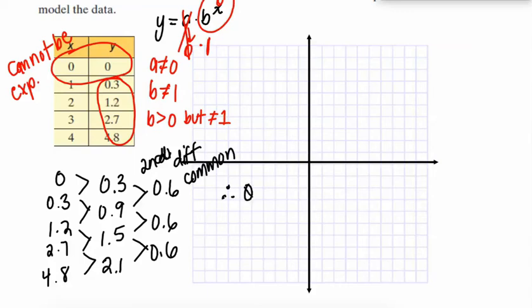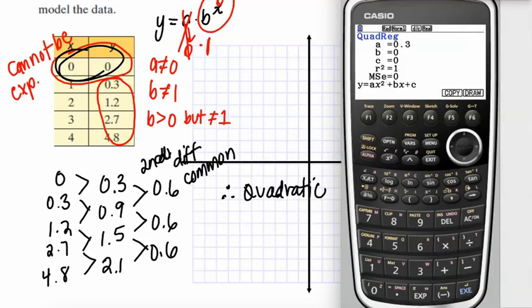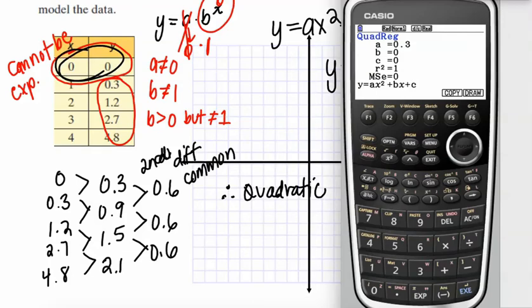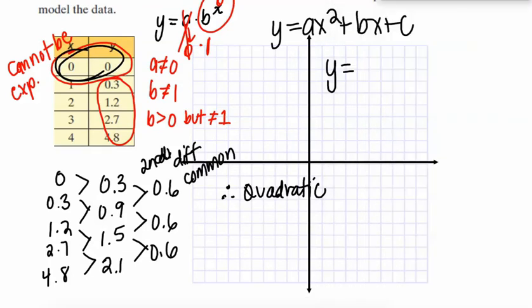Therefore, it is indeed quadratic. So looking at the graph, knowing that about the 0, 0, that we're not going to be able to get an exponential, it's a quadratic function. And our quadratic function, y equals ax squared plus bx plus c, our a value is 0.3. b and c are 0.